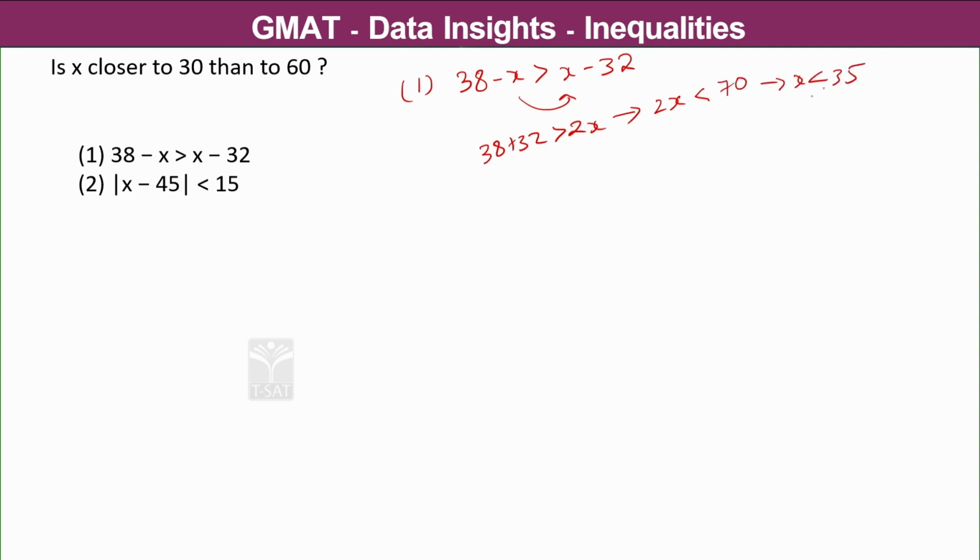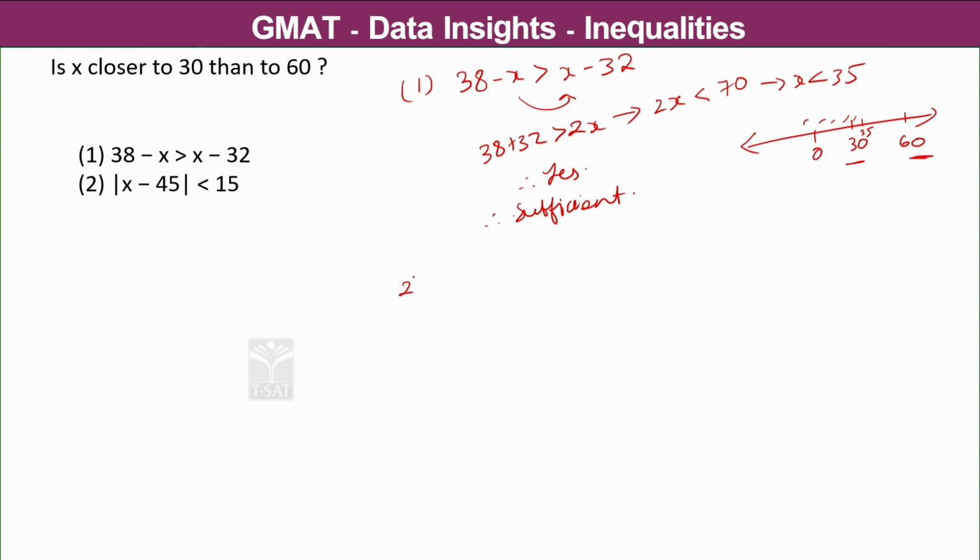When it is less than 35 on the number line, obviously it is much closer to 30 than to 60. Therefore, we can say yes, x is closer to 30 than 60. Therefore, this information is sufficient to answer the question.